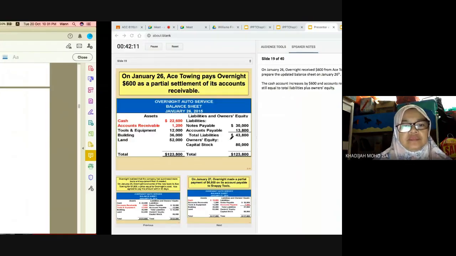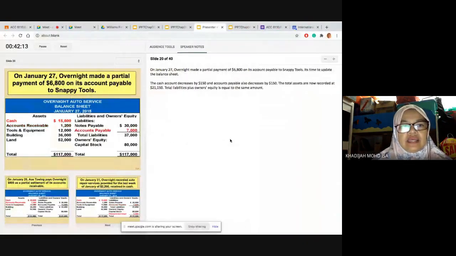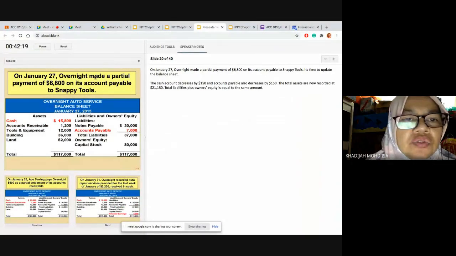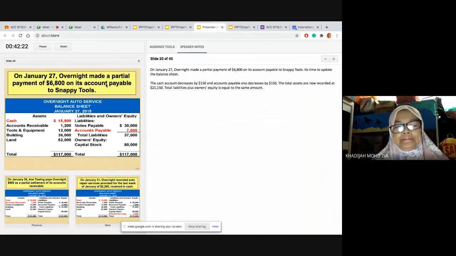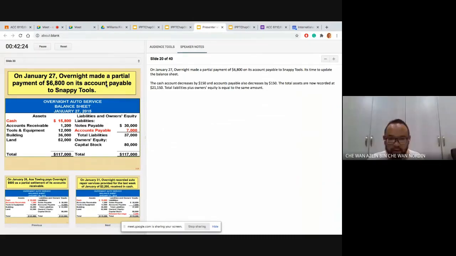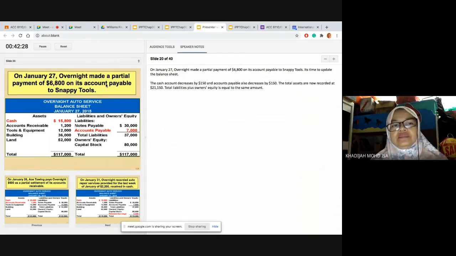Alright, and then another partial payment of account payable. So in this case, you pay accounts payable. What happened? The cash reduces by 6,800.